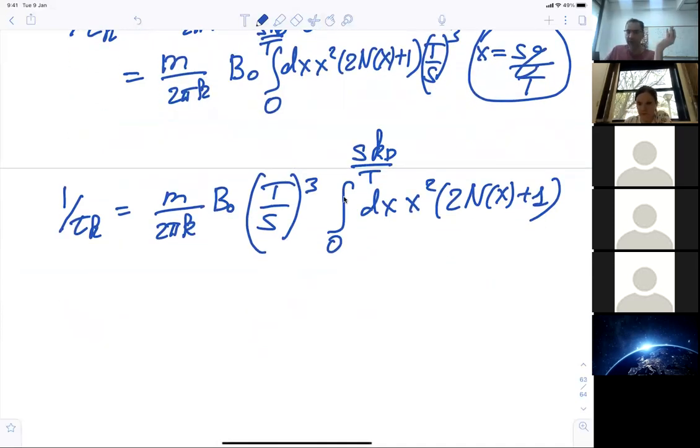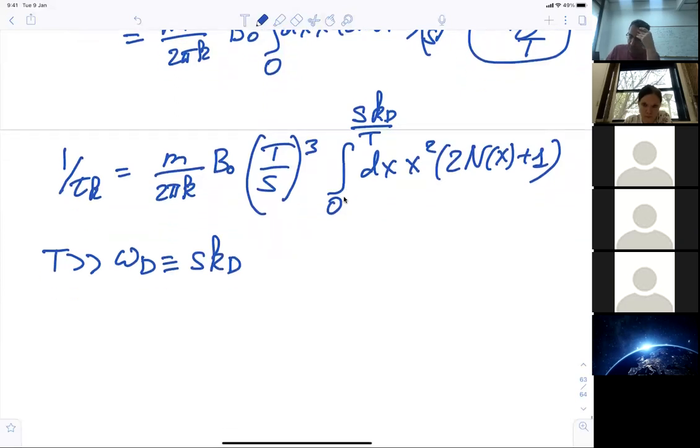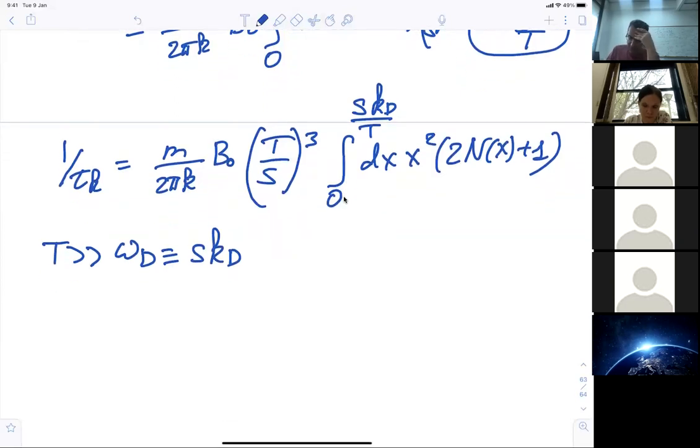Okay, now let's analyze different limits of this integral. Limit number 1, temperature much larger than omega dB, which is equal to s k dB, of course. In this case, the upper limit of this integral is much smaller than 1.